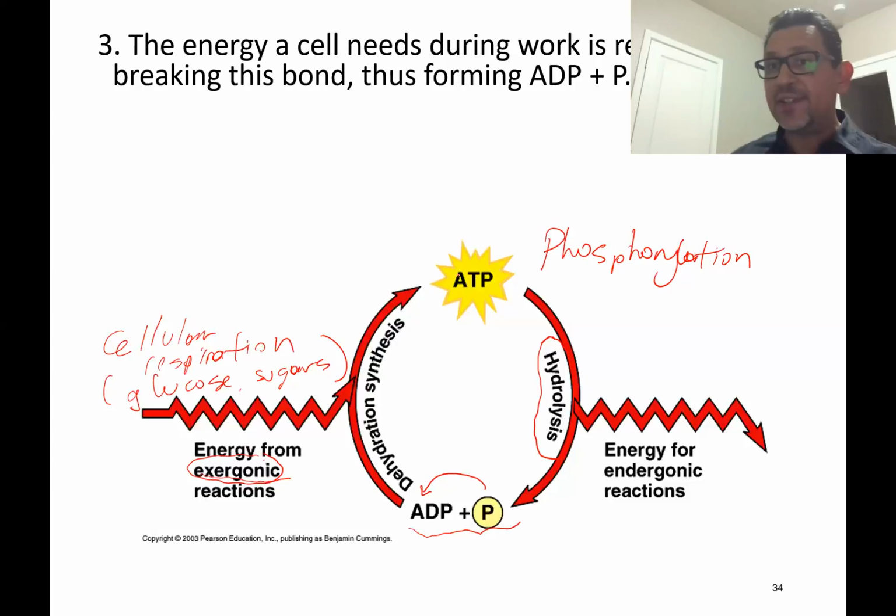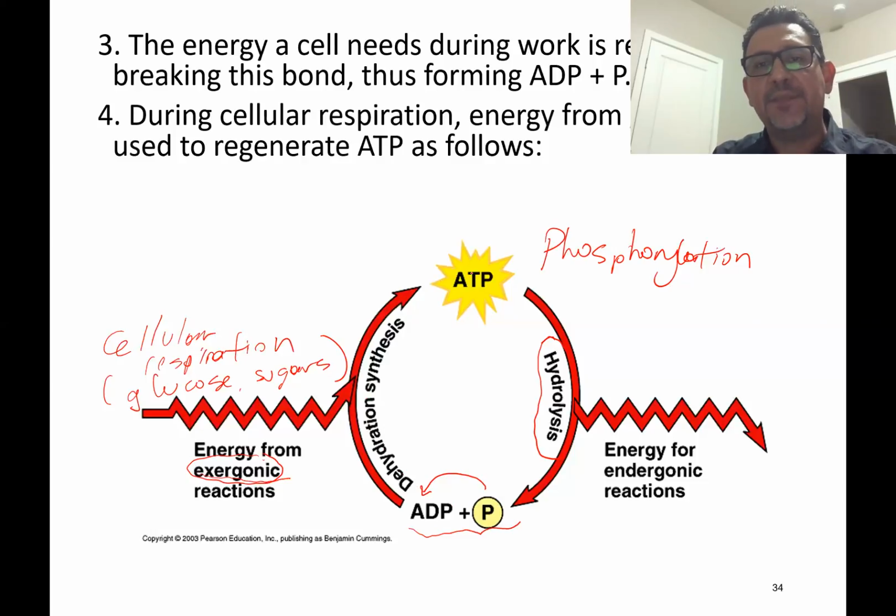And so you see, this is a cycle, because whenever ATP is used, it's converted to ADP plus P. When the cell does cellular respiration, ADP plus P is converted once again into adenosine triphosphate. And that is exactly what this ATP cycle is going to be like.